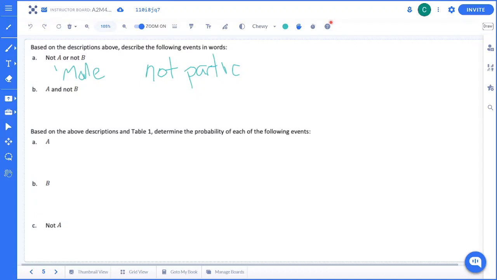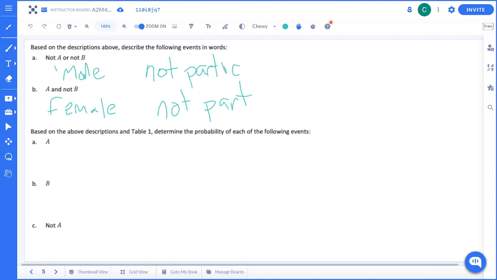Alright, we're just going to leave it. I'm going to put not part, or part for participate. Alright, A would be female. And not B would be not participate. Okay, that's what those two would be. If we're looking at the probability, that's what we would look at.